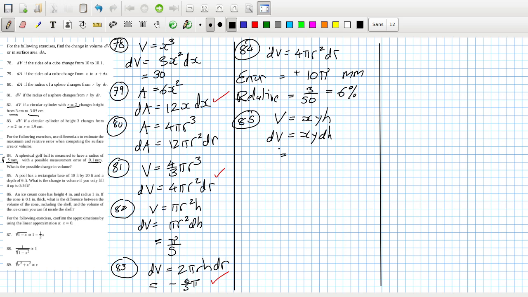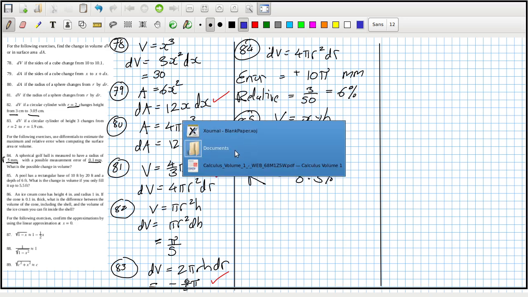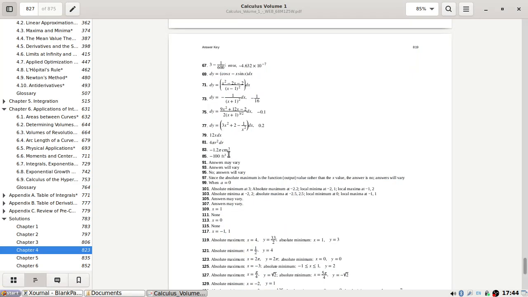That would be 10 by 20 by 0.5, that's 100 feet cubed, divided by the original, 10 by 20 by 6. So that would be the error, and then the relative error as a percentage, 8.3% recurring.